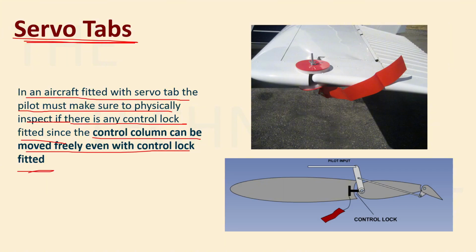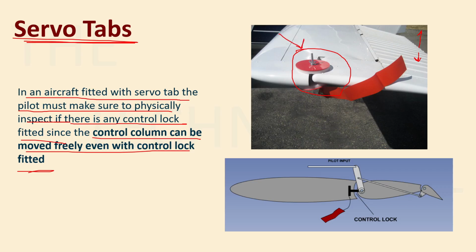So what happens if I install a control lock on my elevator, for example? What are control locks? They are just there to lock the controls in case you are parking your aircraft for longer periods or there is gust and all. You don't want the gust to be moving your control surfaces, right? They can get damaged. So that's why you lock them.